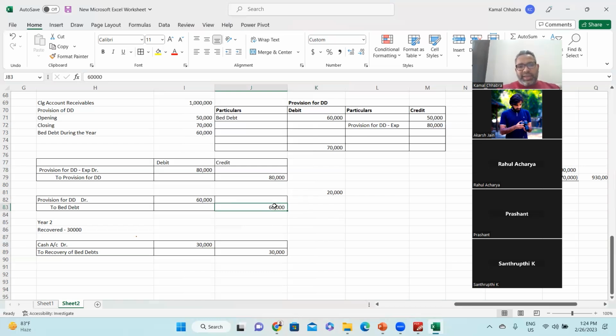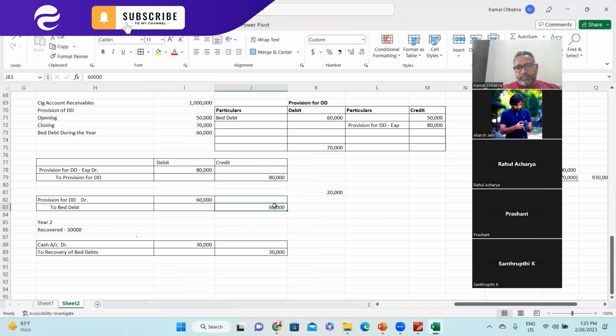When you booked the actual losses, at that point of time, you booked it as expense. Now you are recovering that expense, so it should come into your income part. This recovery of bad debts will come into your income part, other income category.